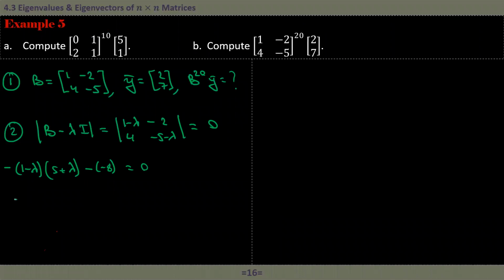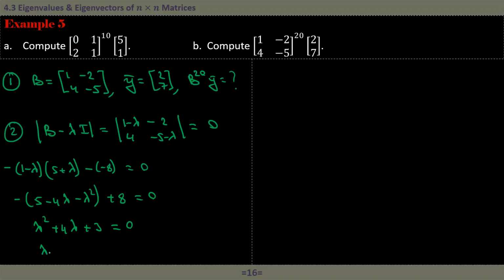So we have -5, minus lambda, plus 5 lambda, so minus 4 lambda, minus lambda squared, plus 8, equal to 0. Or lambda squared plus 4 lambda minus 5 plus 8, that's plus 3, equal to 0. Now we just factorize this.